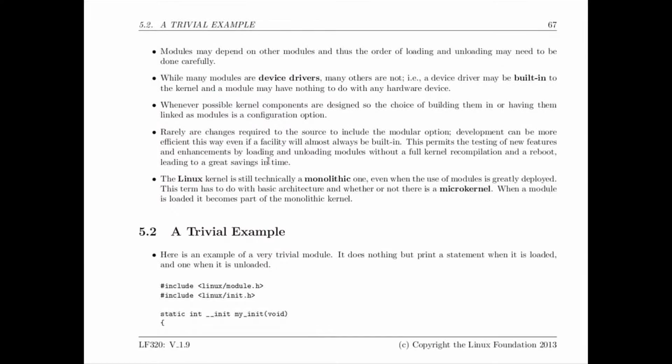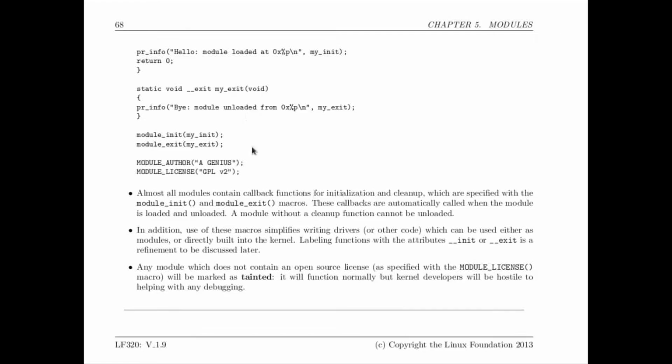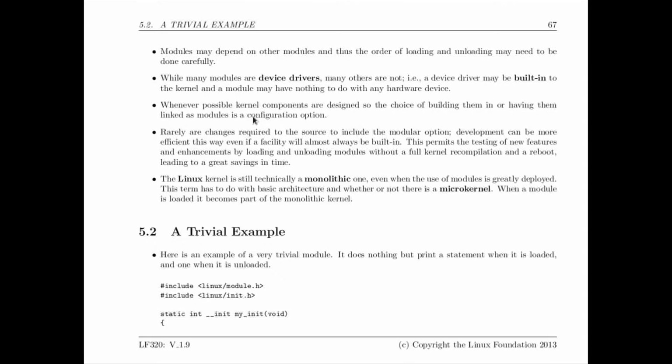So here's a very trivial example of a kernel module. We have the code here. There's two basic functions which are in virtually every kernel module. There's an initialization function, which gets called every time the module is loaded. In this example, it's called myinit, and you notice it's marked by __init as an attribute.